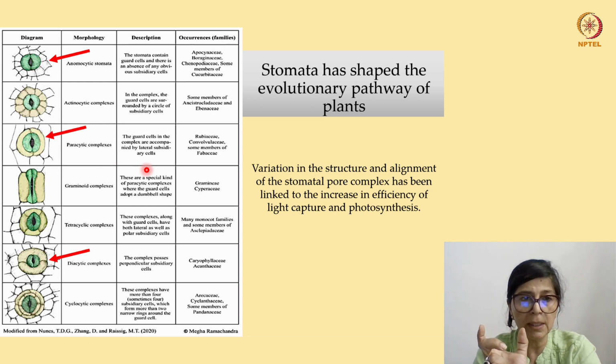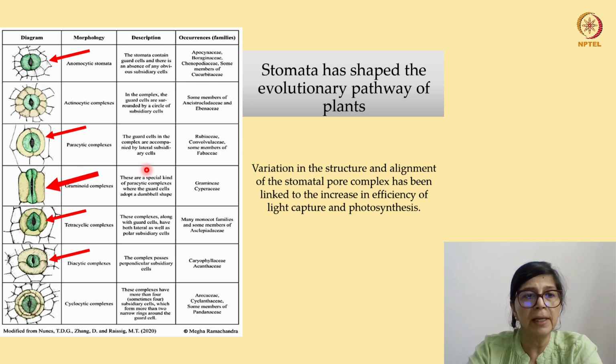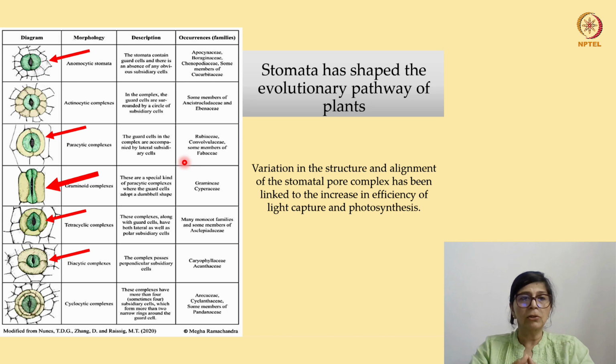Two subsidiary cells horizontally placed, then vertically placed, then it divided into four subsidiary cells, and then of course we have this graminoid complex or the monocot dumbbell shaped stomata, which has two very large subsidiary cells flanking the guard cells and the stomatal pore.